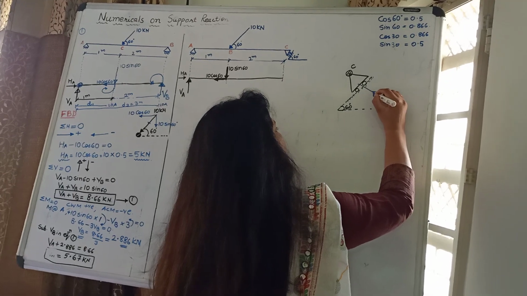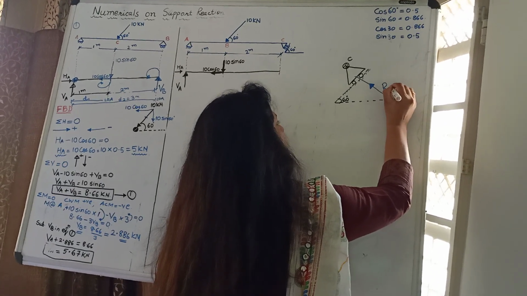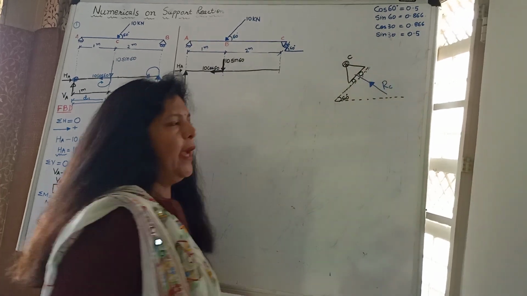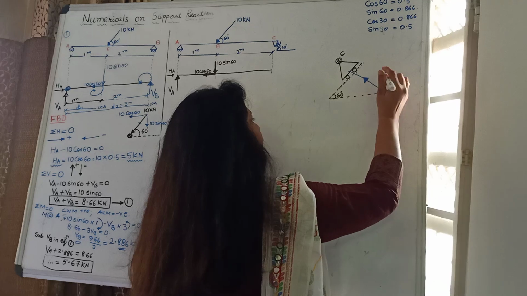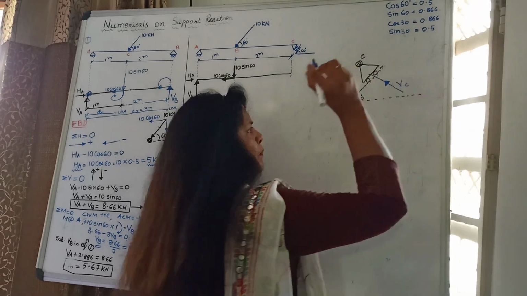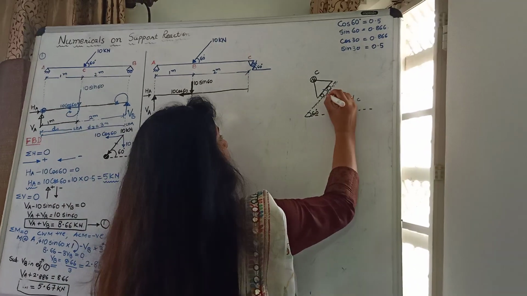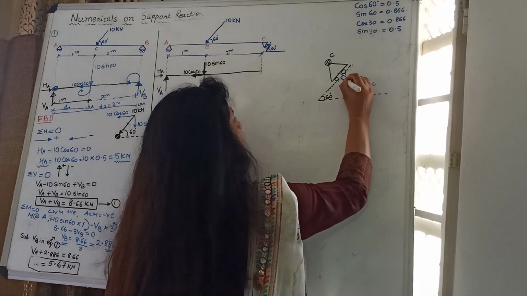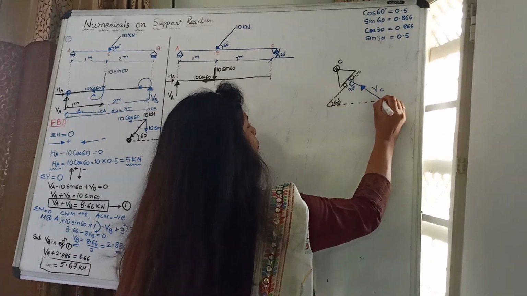So this will be our reaction, RC, or we can name it the vertical reaction VC. What will be this angle? It will be 90 degrees because the reaction is at 90 degrees to the surface.